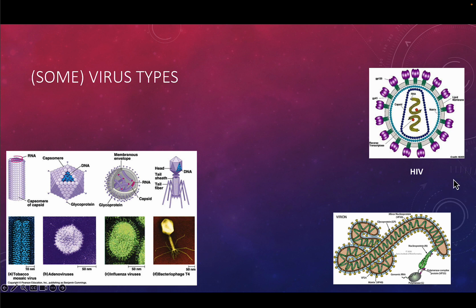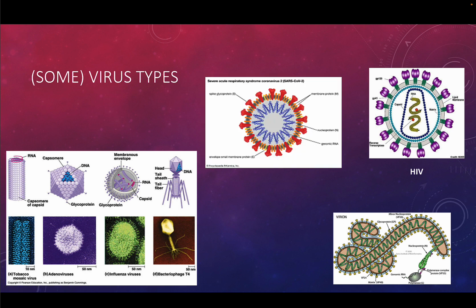Here is a cartoon of what the HIV viral particle looks like. This is, of course, the cause of HIV, which can progress to AIDS. Down here, this is an example of what something like Ebola virus might look like. And here, I know it's a little bit blurry, and I'm sorry about that, but this is the virus that we all know about now, COVID-19.